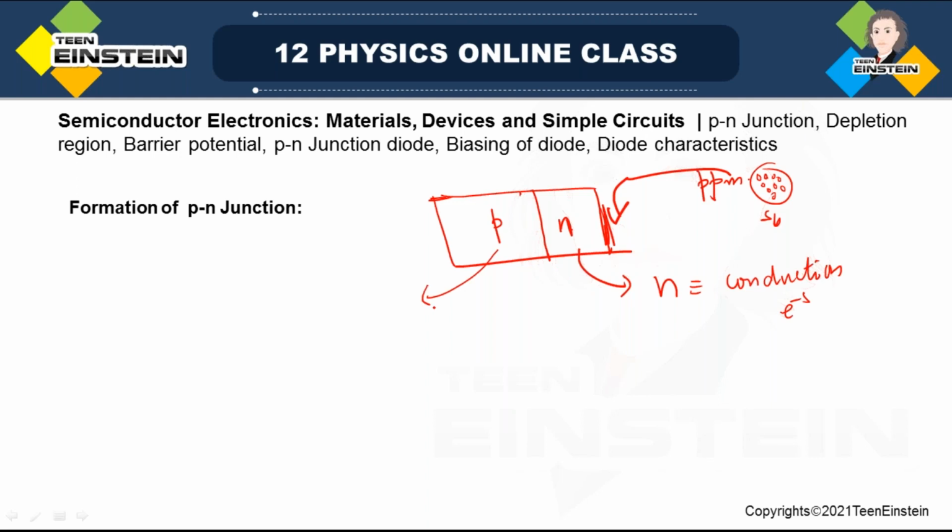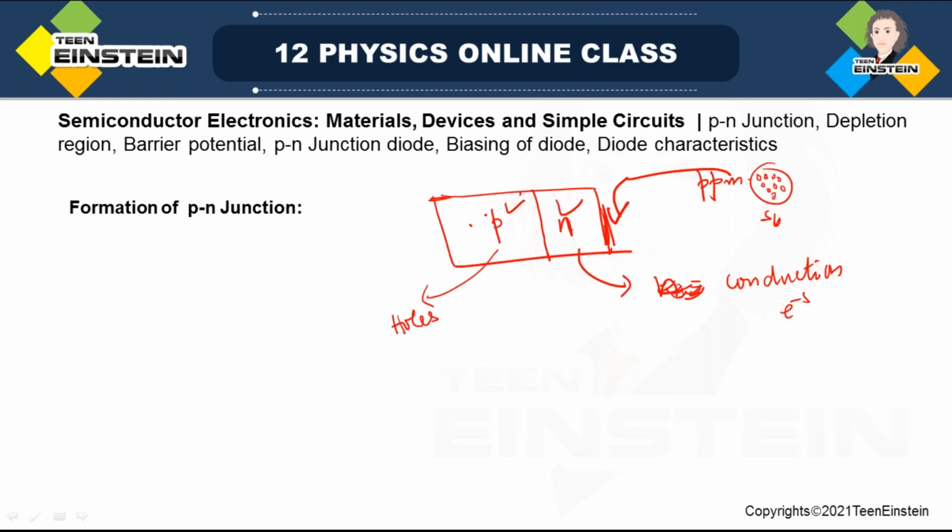So you have majority carriers, holes over here, and electrons here. When these P and N regions are created, a junction is also created immediately.